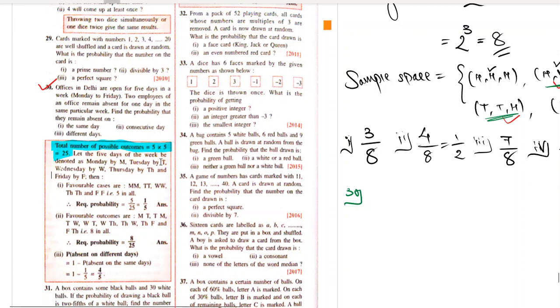Right? Let the 5 days of the week be denoted by Monday, Tuesday, Wednesday, M, T, W, T, H, and F. That is Monday, Tuesday, Wednesday, Thursday, Friday. Then, in the first one, what is the probability that they remain absent on the same day? See, favorable cases will become MM, TT, WW, TH TH, and FF.